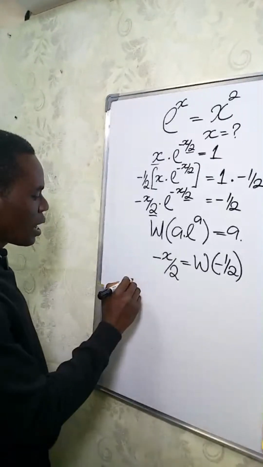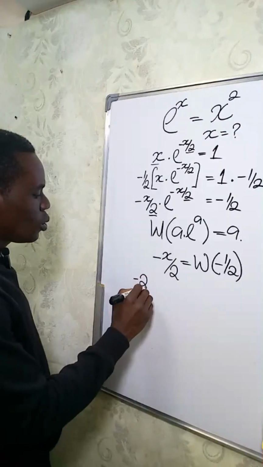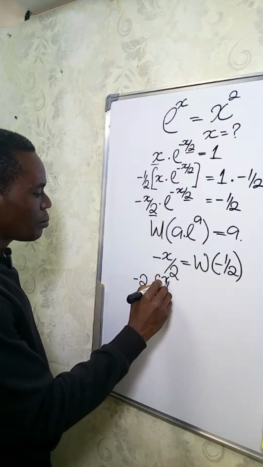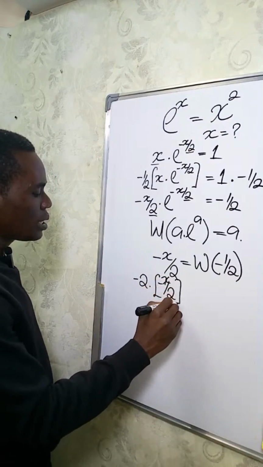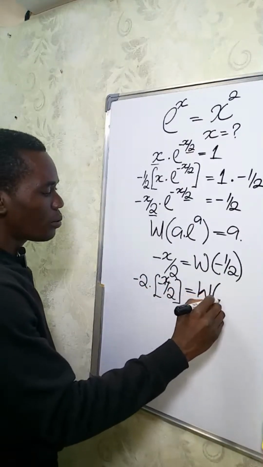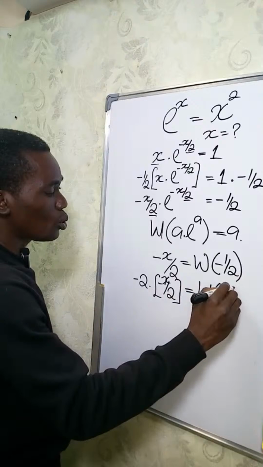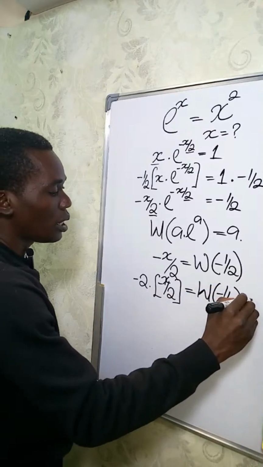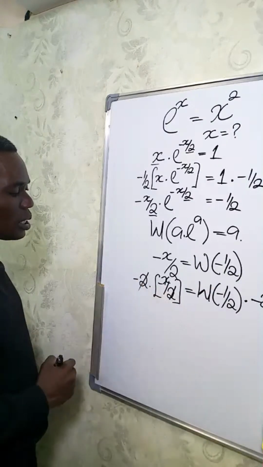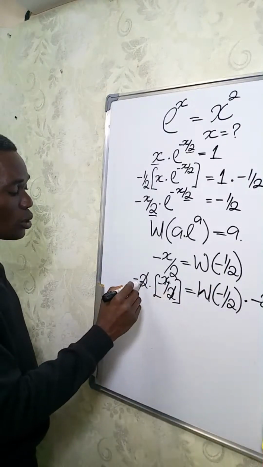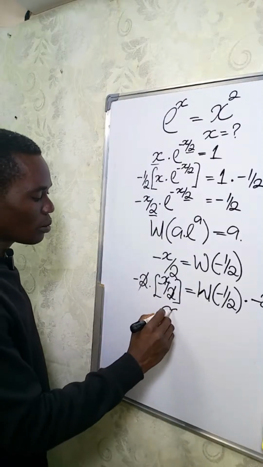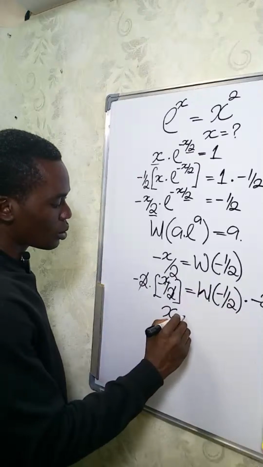So if I multiply negative x divided by 2 by negative 2, this will be equal to the Lambert W of negative 1 divided by 2 multiplied by negative 2. The negative cancels out the negative, the 2 cancels out the 2, and negative multiplied by negative is simply going to give us x, and that is all.